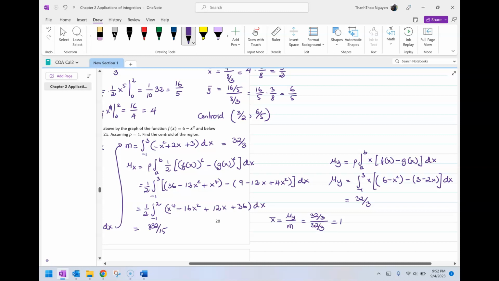That is 1. Y bar equals Mx divided by m. That is 832 over 15 divided by 32 over 3. And let's go ahead and simplify this fraction. We get 26 over 5. So that is our centroid.